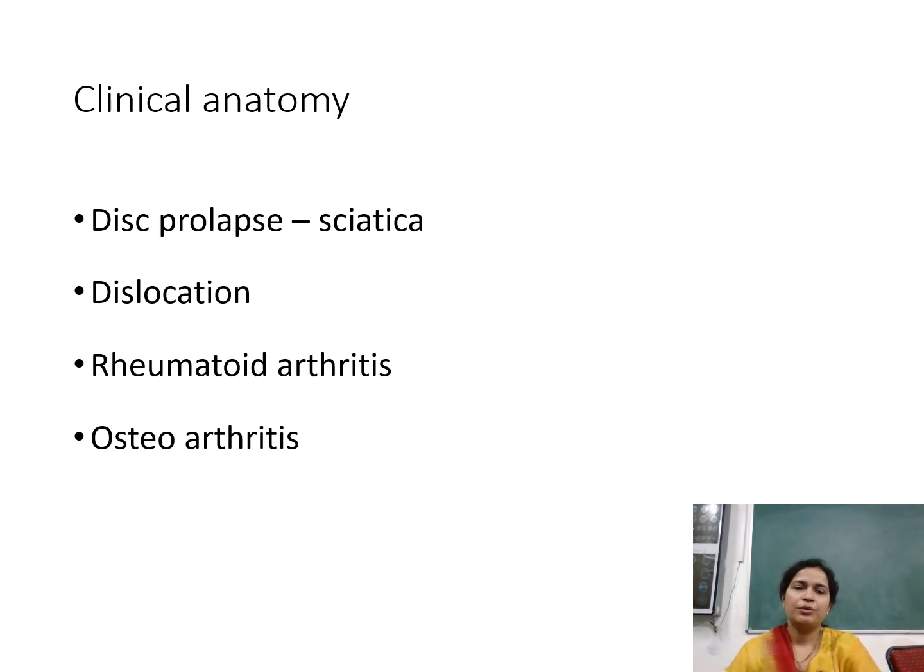Now what is the disc prolapse? So sciatica is the disc prolapse. How, what is the disc prolapse? So the intervertebral disc is made up of annulus fibrosus, which is made up of white fibrocartilage, and centrally there is the nucleus pulposus.